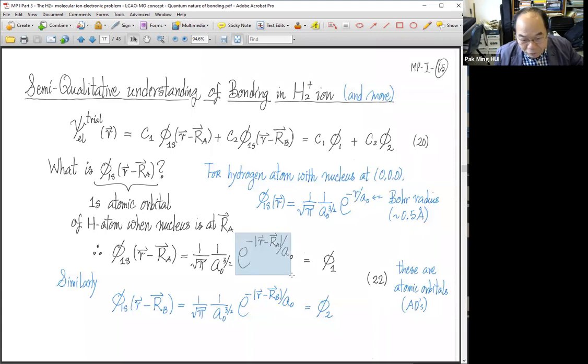So this is the form of the 1s wave function decaying from a place called RA. This is explicitly what phi 1 is about. Similarly, phi 2 is centered at RB. Although we use shorthand to go with our previous notations, it is useful to remind yourself they have different centers, RA here and RB here, okay?